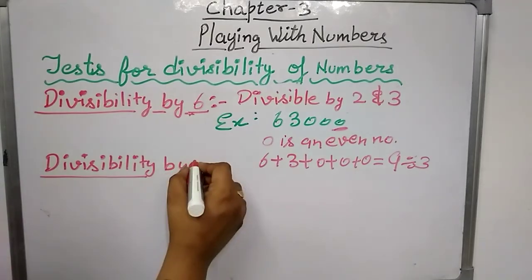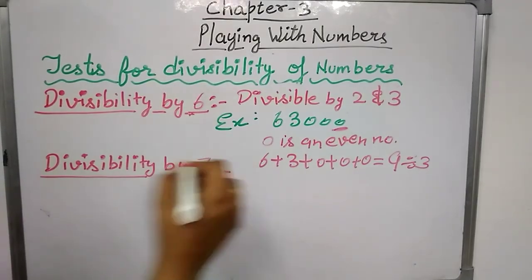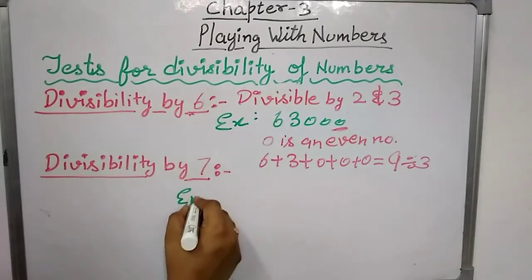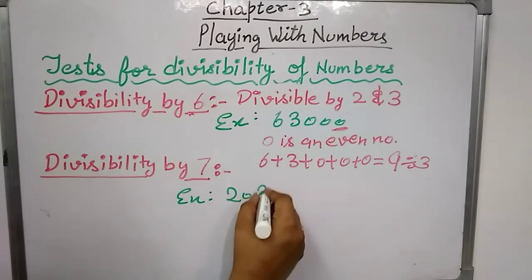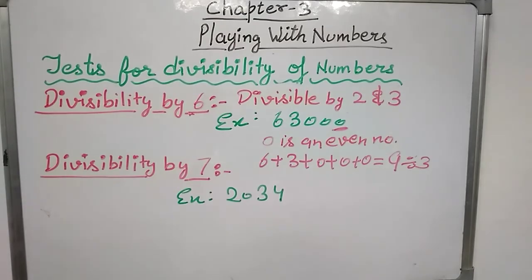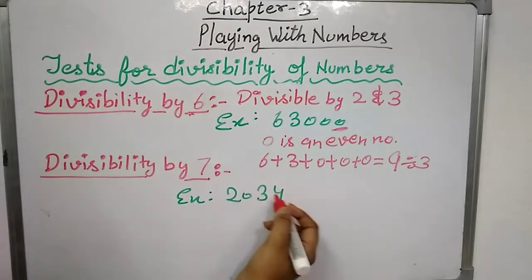Next is divisibility by 7. Let's take an example. If this is a number, for the divisibility by 7, we need to double the unit at ones place.